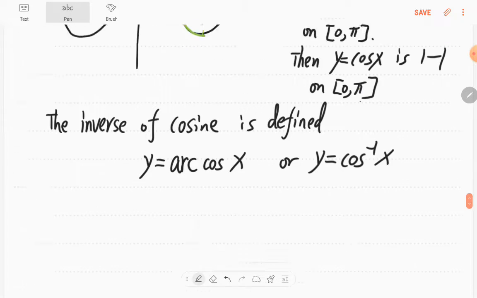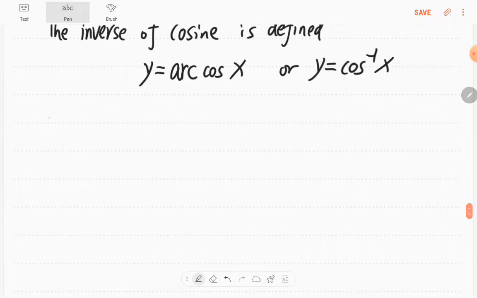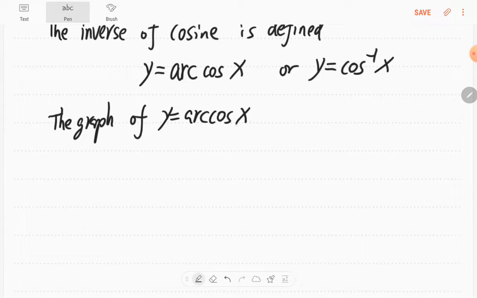Okay, so now let's look at the graph of arc cosine, y equals arc cosine x.